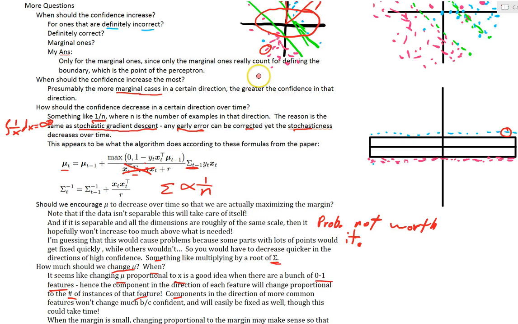This algorithm is really good that way. So you initially make a bunch of updates in this direction, then over time your updates tend to be more in the directions that you haven't updated much yet. So this is really good.